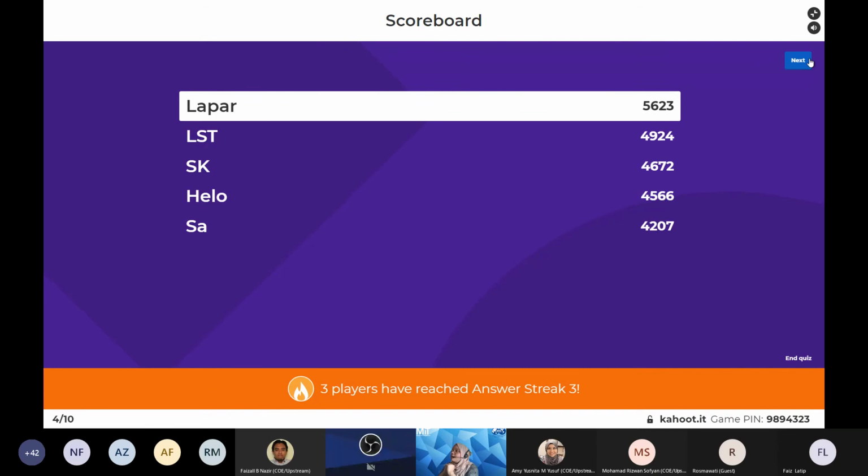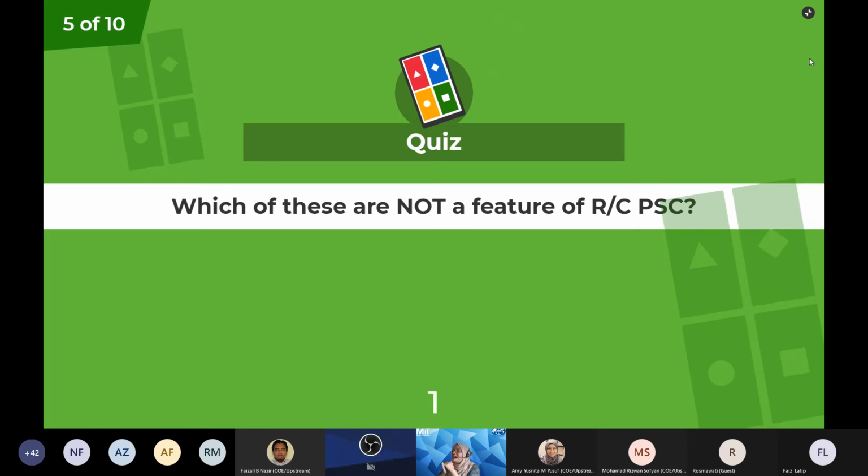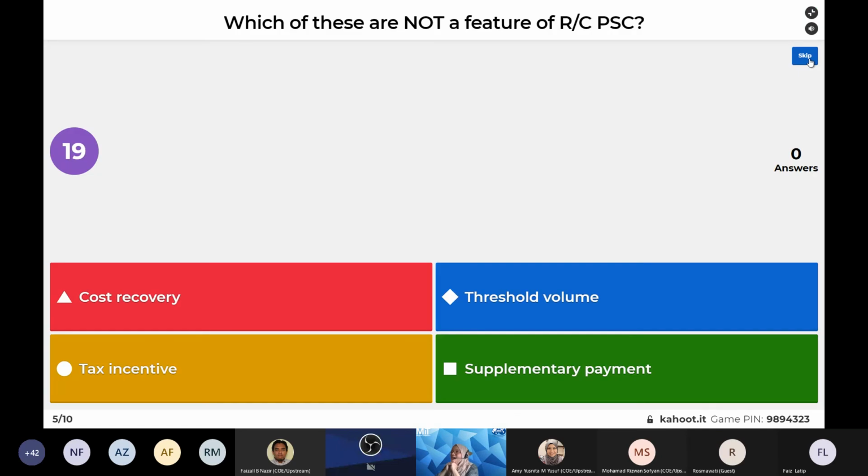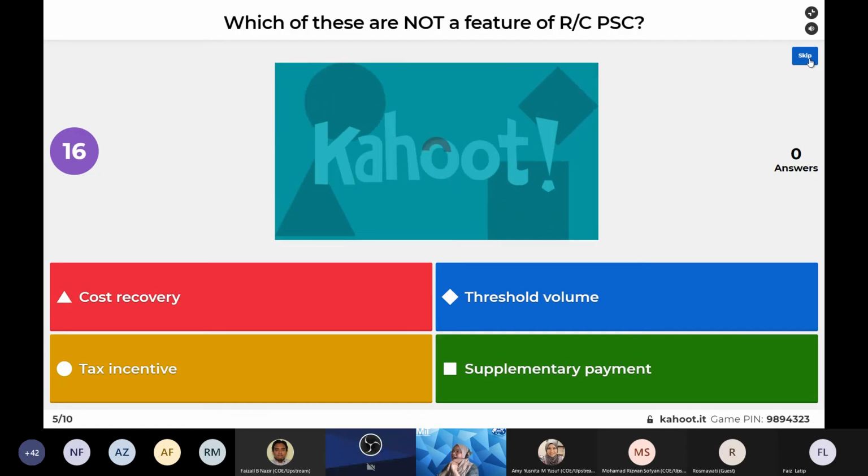We still have Lapar leading. He must be very hungry to get through this quiz. So which of these is not a feature of R over C PSC? Is it cost recovery, threshold volume, tax incentive, or supplementary payment?